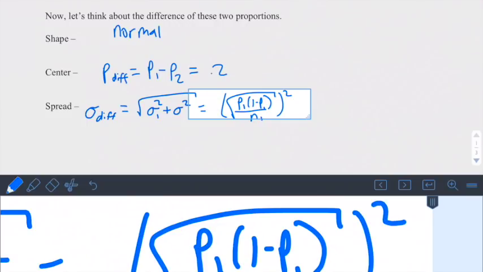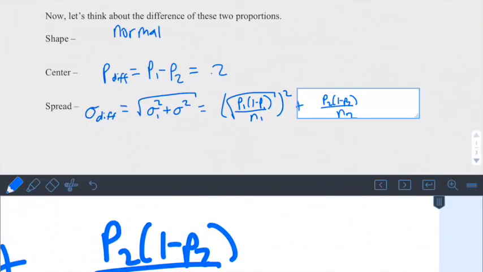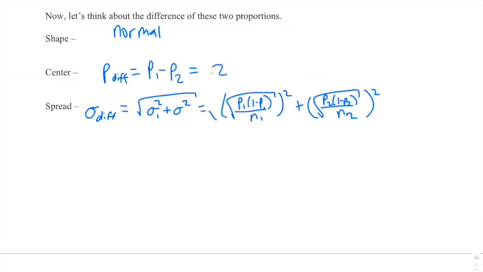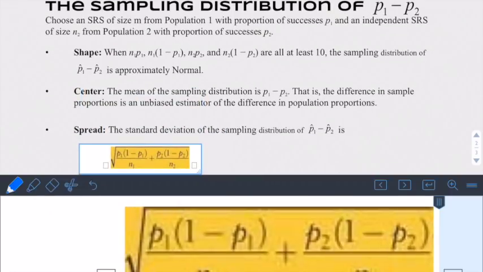We square it, plus the same thing with p2, and all of that is square rooted. Now what that works out to is this. And we'll work out that proof in class.